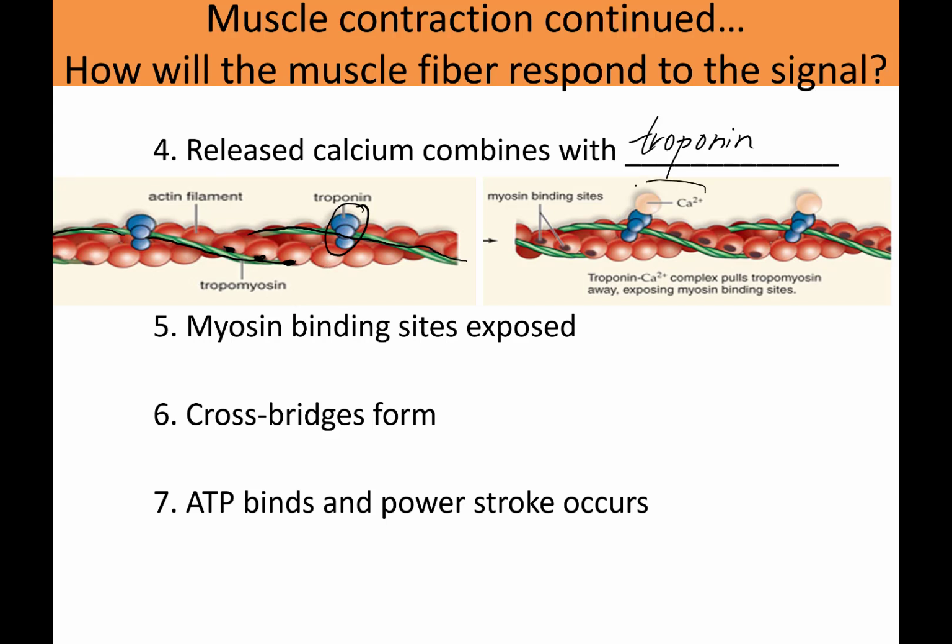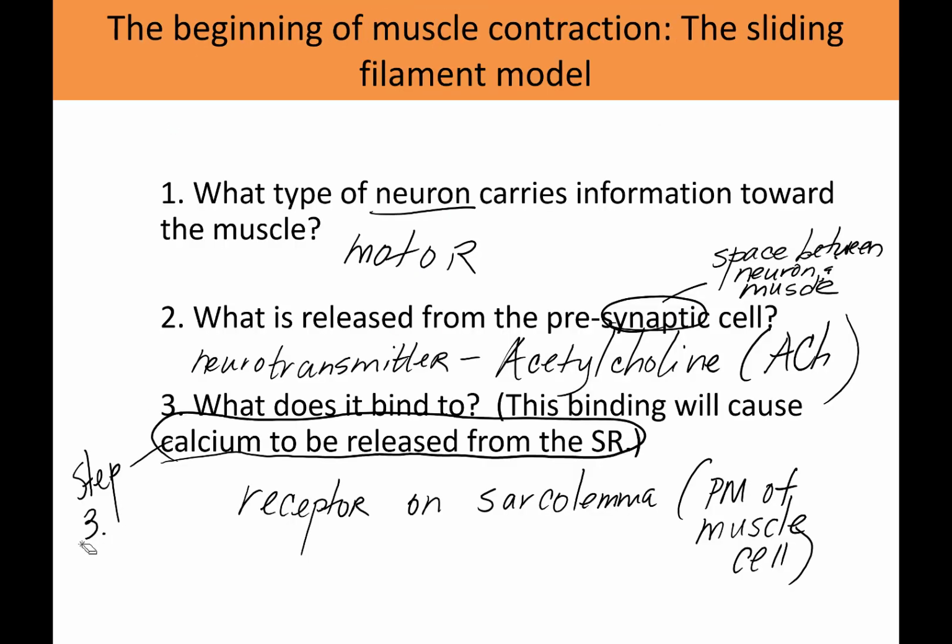However, when calcium binds, you can see the difference over here. When we have calcium present, notice it binds to the troponin, but because troponin is connected to tropomyosin, it actually exposes these little binding sites on here. So this would be step 4.